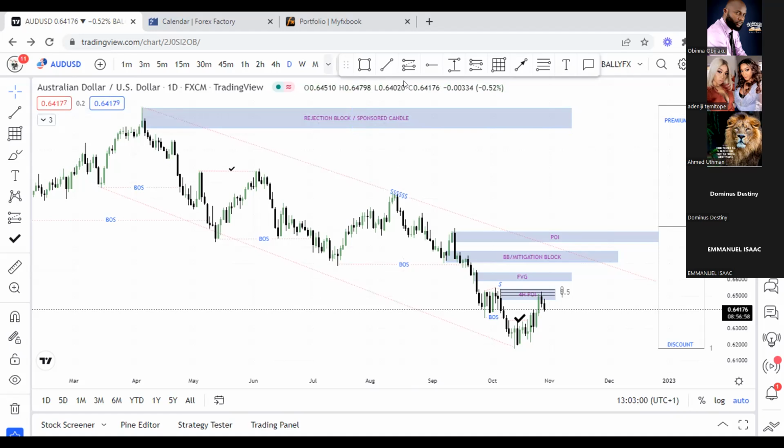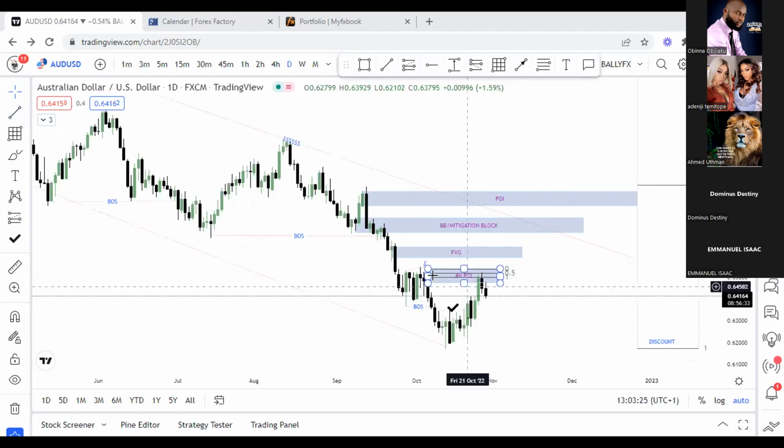Okay, so I'll continue with the 4 hours. We are presenting AUD USD. You didn't tell us what you're looking at. I said this was a rejection zone that I was looking at.